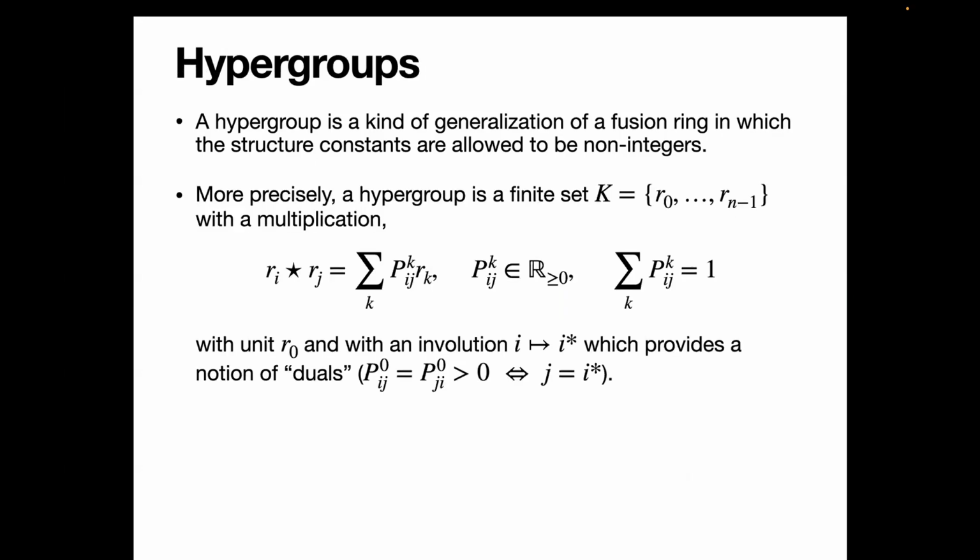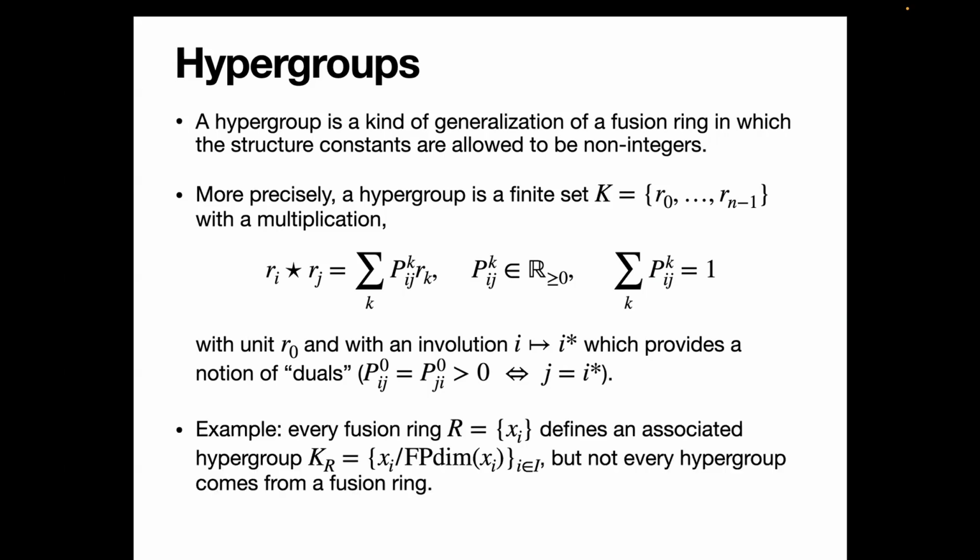I think Leah did a pretty good job of defining what a hypergroup is, so I'll just speed through this. But basically, you should think that a hypergroup is a generalization of a fusion ring where the structure constants are allowed to be non-integer in some sense. More precisely, there's some distinguished basis, some multiplication rule where the structure constants have this stochastic normalization, and there's a unit and there's a notion of conjugation.